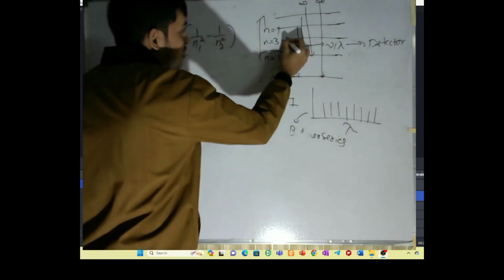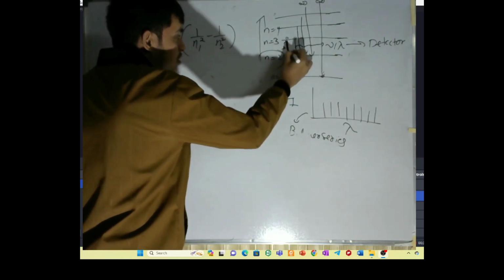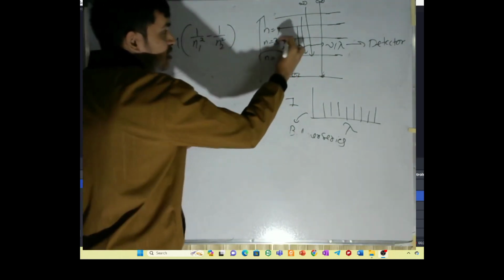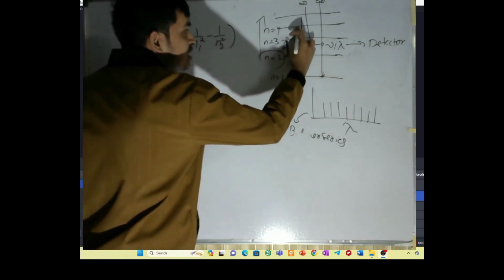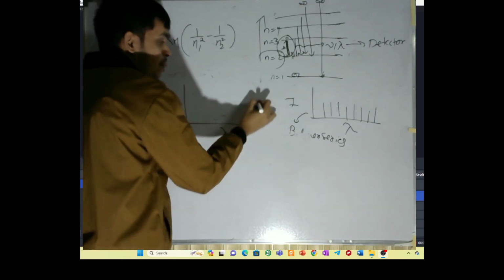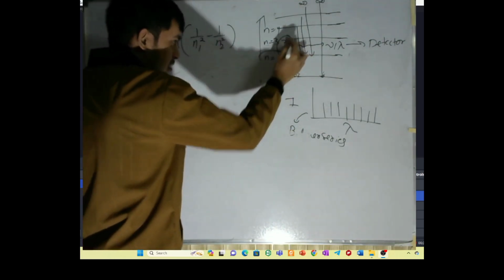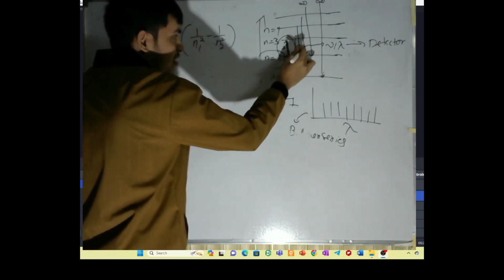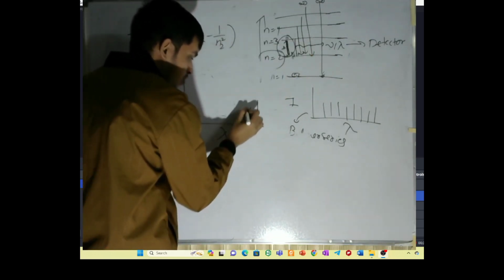Let's talk about this. We discussed in option number 3 that this line will have the longest wavelength, then this. So this wavelength corresponds to, let's suppose, this lambda. Now this wavelength corresponds to this lambda, and now this wavelength corresponds to this.